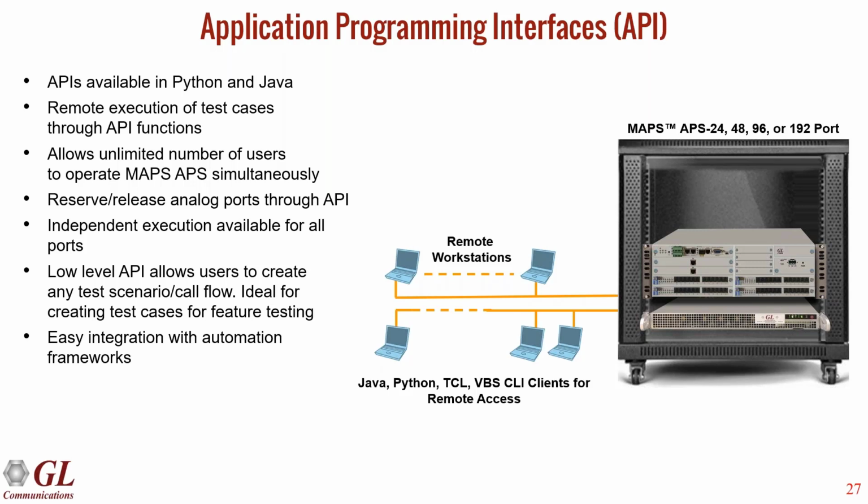So we have APIs available in multiple languages. The most popular ones are Python and Java. So if your engineers like to do scripting in those languages, they can just simply invoke our APIs in their scripts, and they'll be able to fully control the MAPS APS system. Furthermore, they don't have to be at the physical location of our MAPS APS solution.